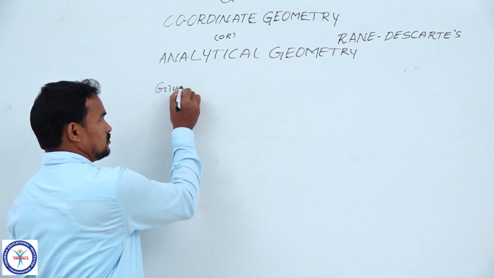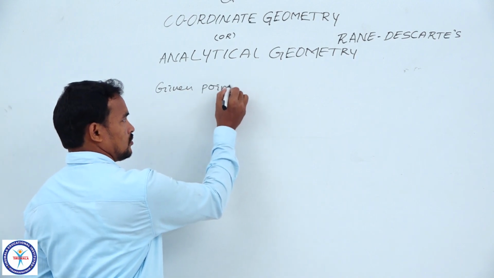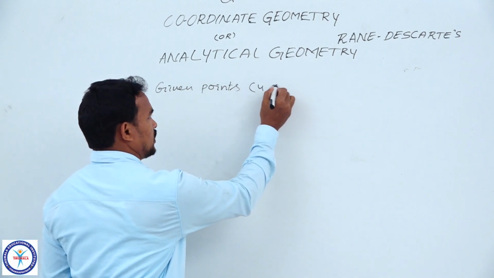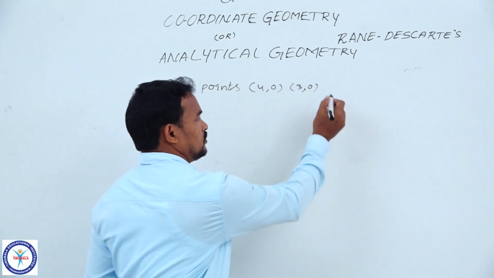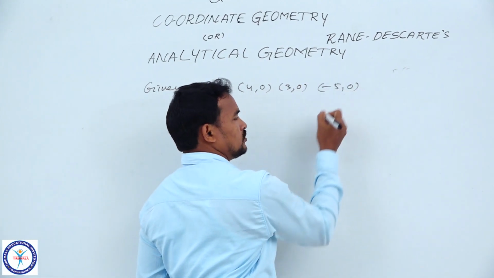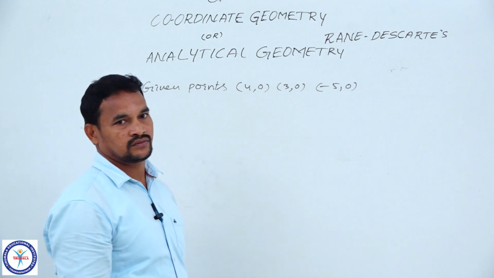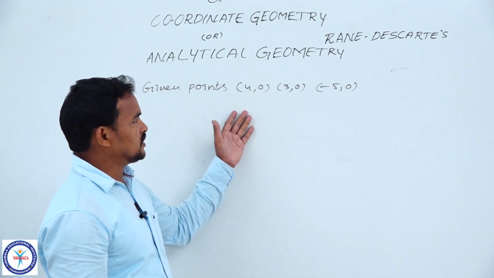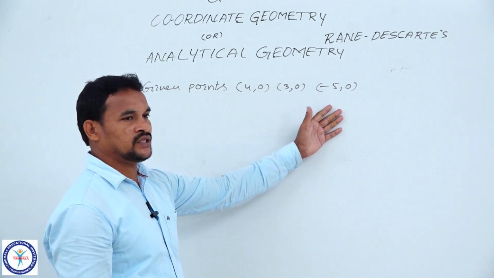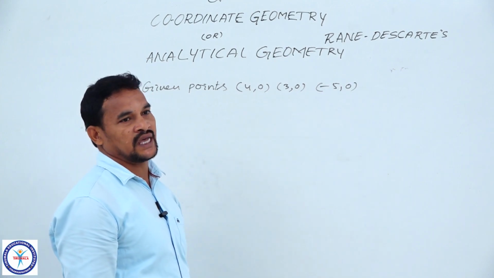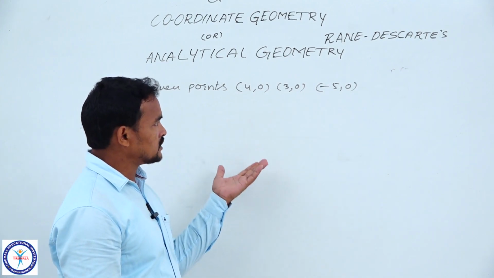Given points 4 comma 0, 3 comma 0, minus 5 comma 0. Like this sometimes will give. Here 4 comma 0, 3 comma 0, minus 5 comma 0 belong to which axis? X axis or Y axis.